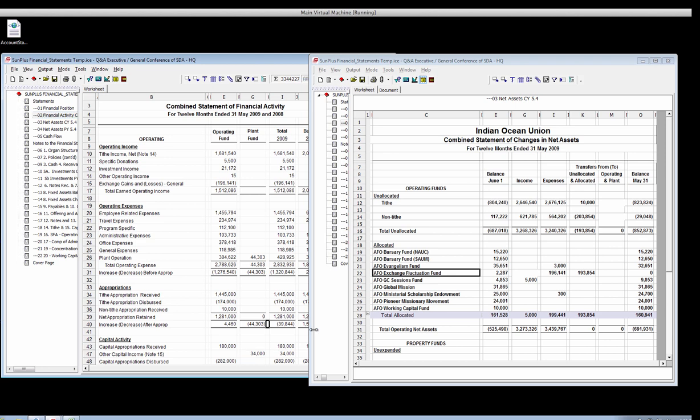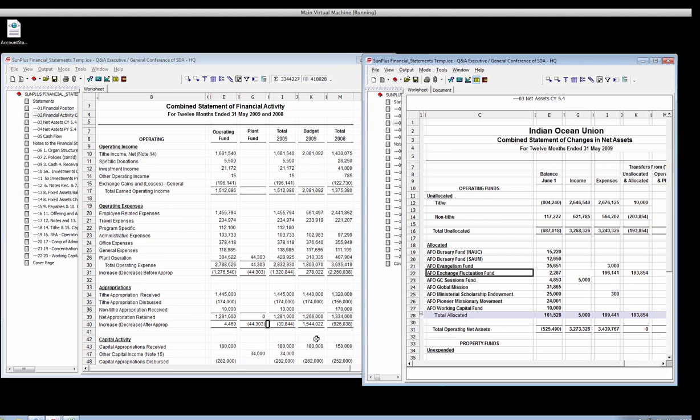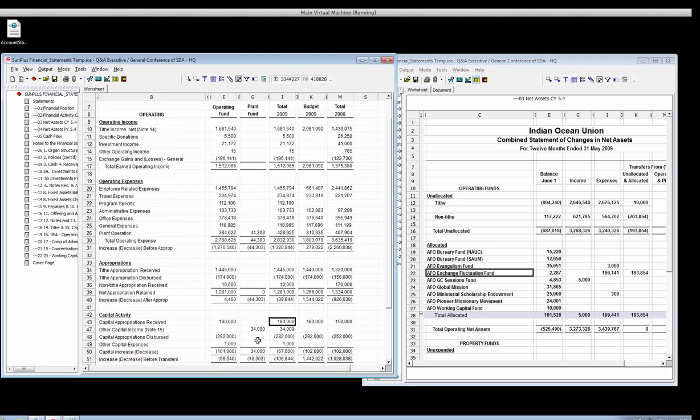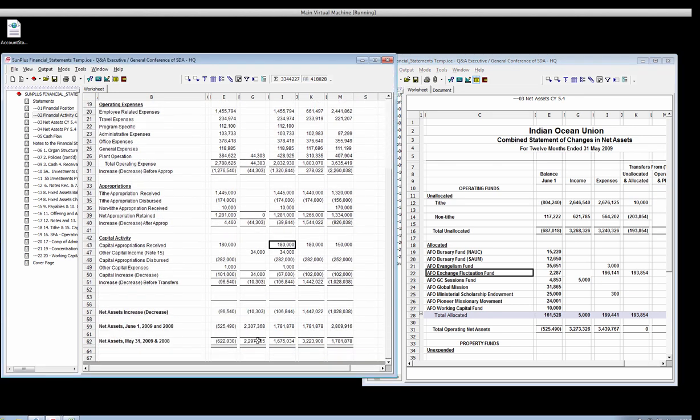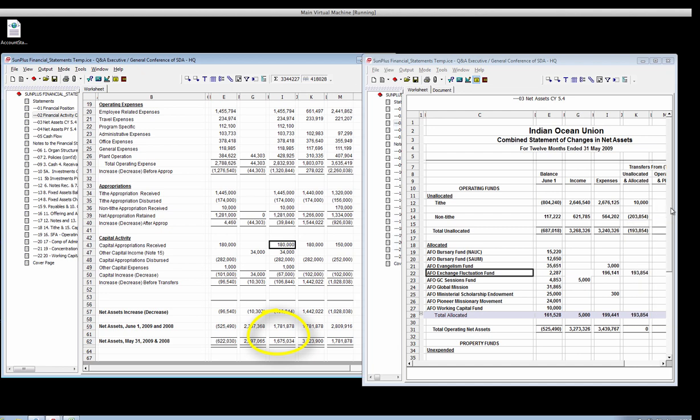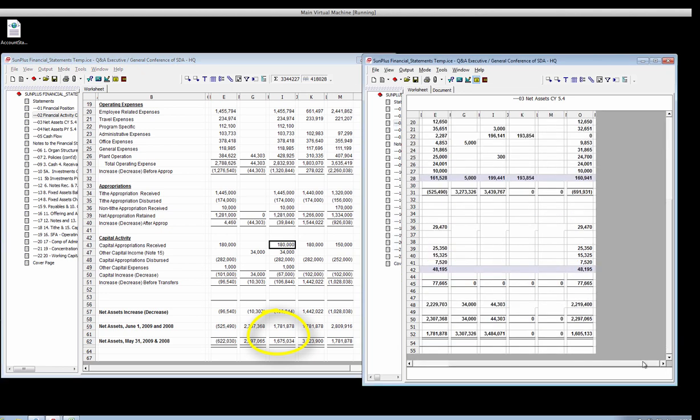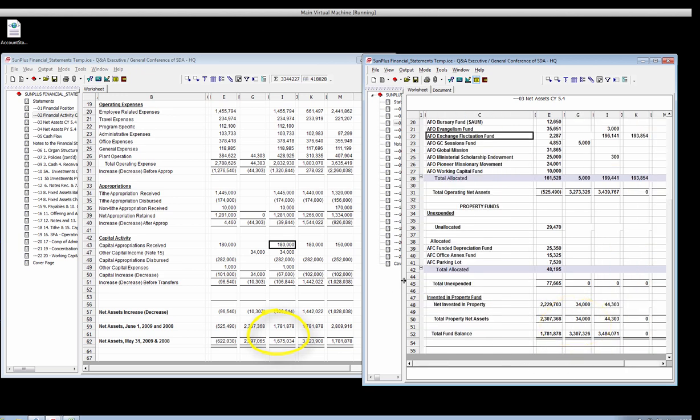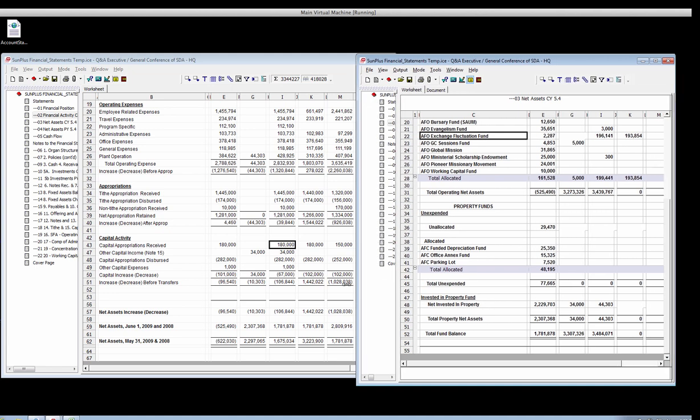Okay, let's see if we can see that. So we come down here to $1,675,034, which we know is right because it ties to the balance sheet, and this one comes down to $1,605,133. So what that means is that we've got to figure out where the problem might be.